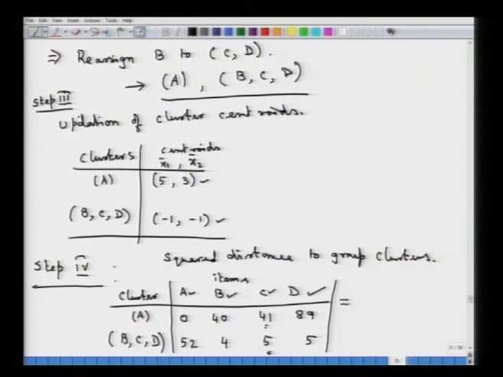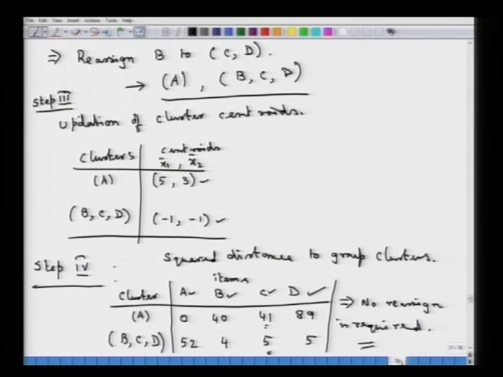So, this step is going to tell us that no reassignment further is required. And if that is the case, then we terminate this particular procedure and finally say that these are the two clusters in the data which are thrown up by the k-means clustering.